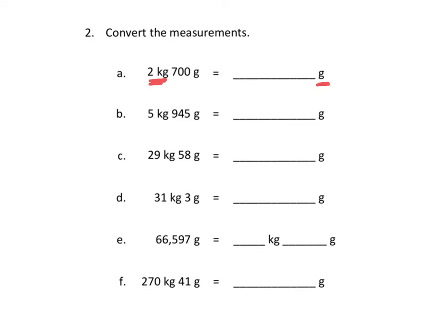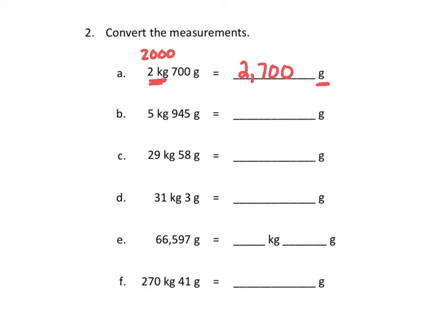We know we multiply by 1,000. So we're going to get 2,000, and we're going to add that with 700 grams because that's what's left over. We get 2,700 grams.